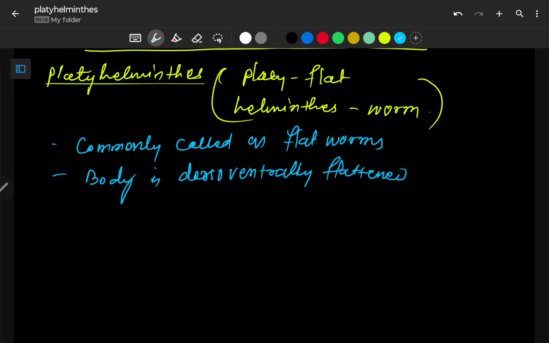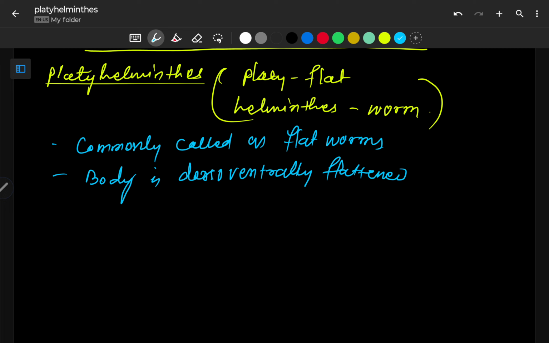So if the body is flattened from the dorsal to ventral side, then it is known as dorsoventrally flattened. So a human body is dorsoventrally flattened. In contrast to that, another flattened body structure is laterally flattened, which is seen in fishes.